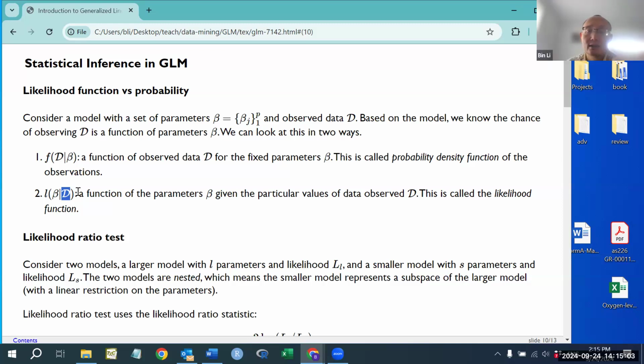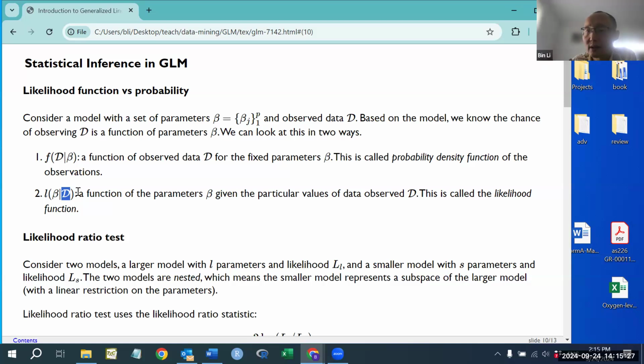And the likelihood function is in a different way: given the data is fixed, what is the chance of observing these parameter values?